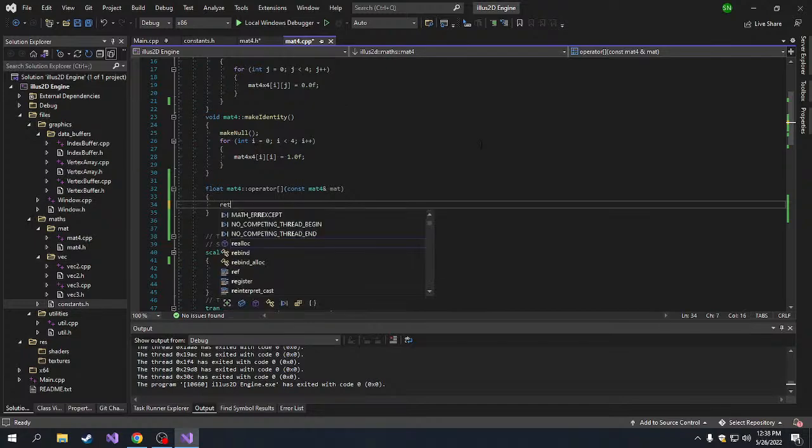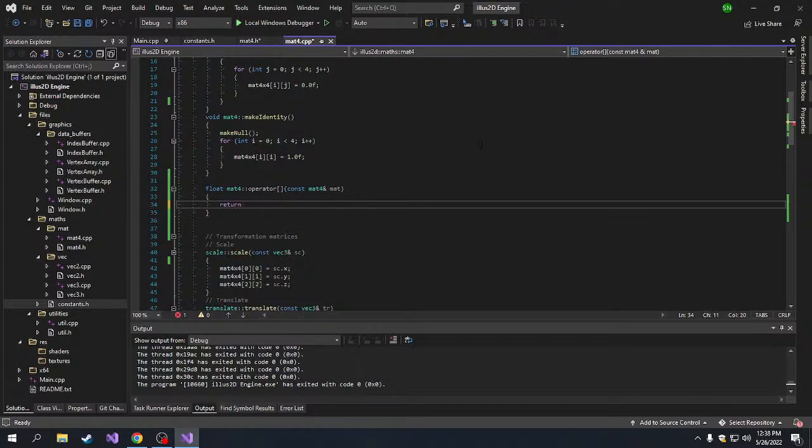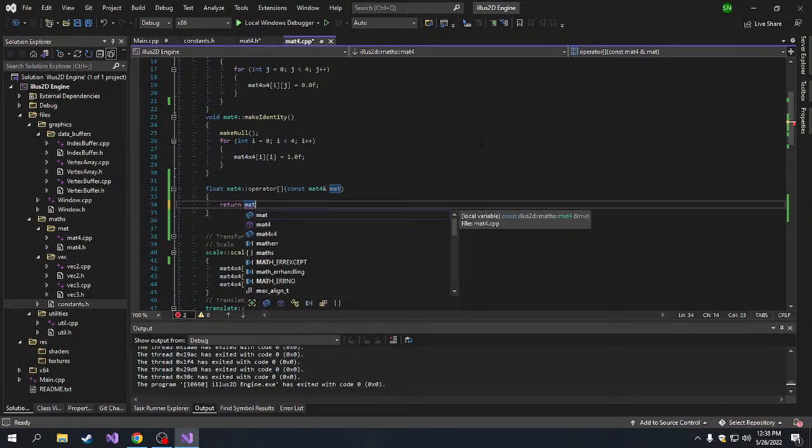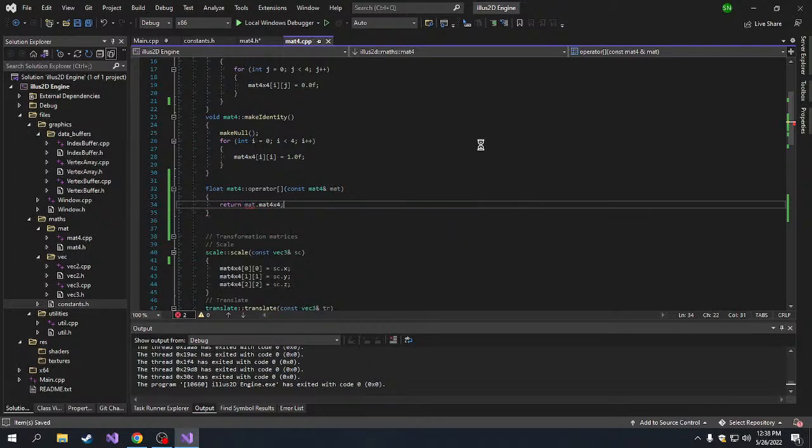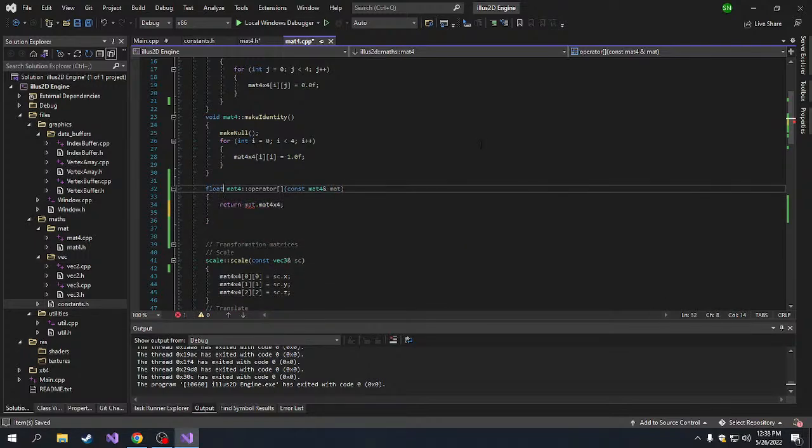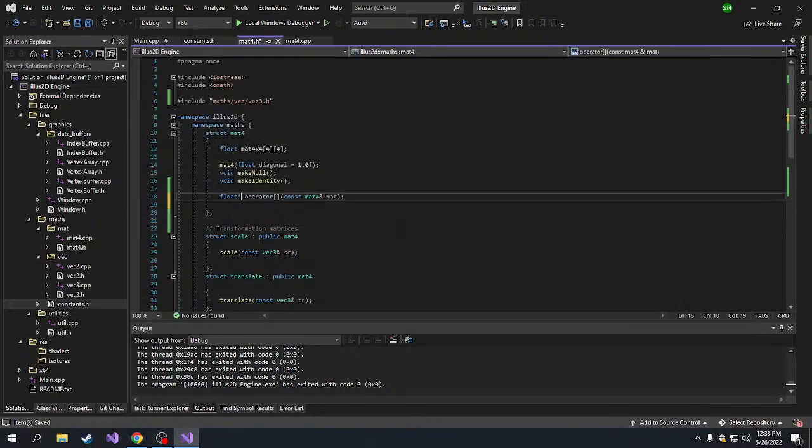So it's going to return mat.mat4. It's going to return the address. Probably going to make it return an address to a float if I'm good with that. Yeah, let's try and do this.